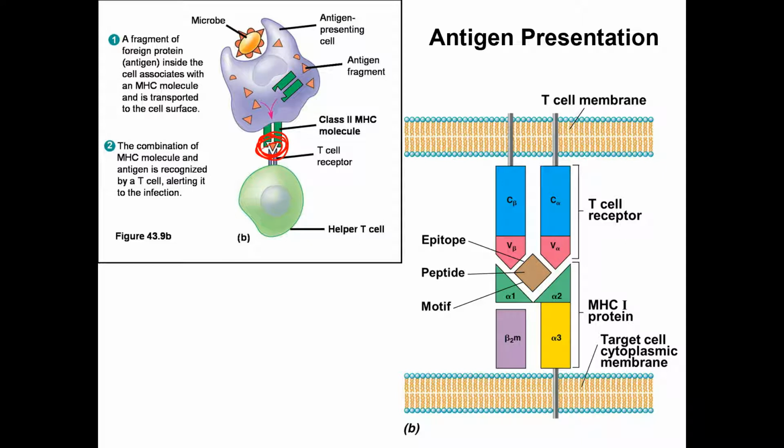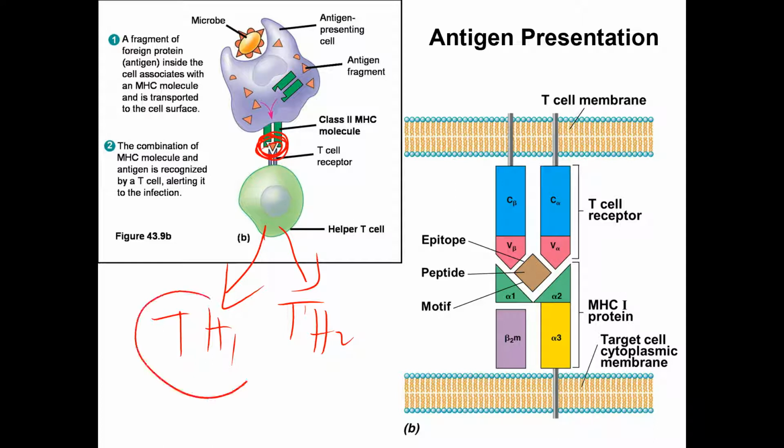So this interaction will stimulate this T helper cell to then differentiate into, and we'll talk about this in a little bit, Th1 or Th2 helper cells. And we'll talk about what responses you get when you're talking about Th1 and Th2 helper cells.